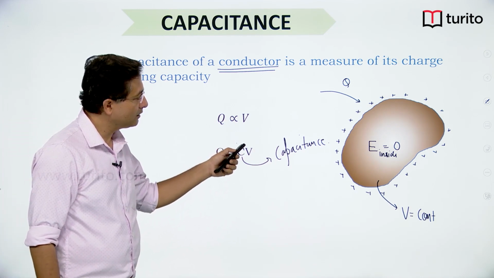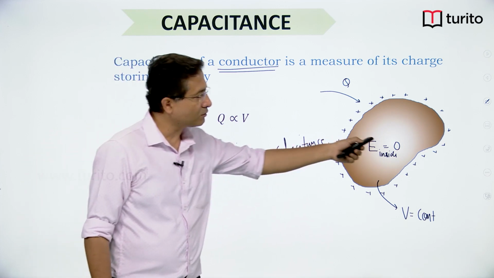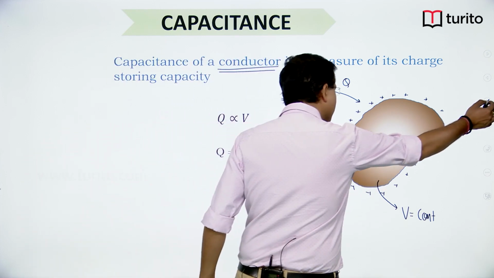So, C is the capacitance of this conductor.